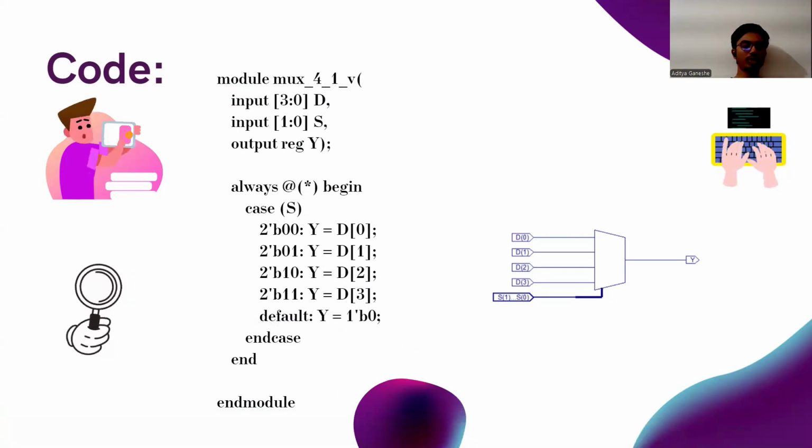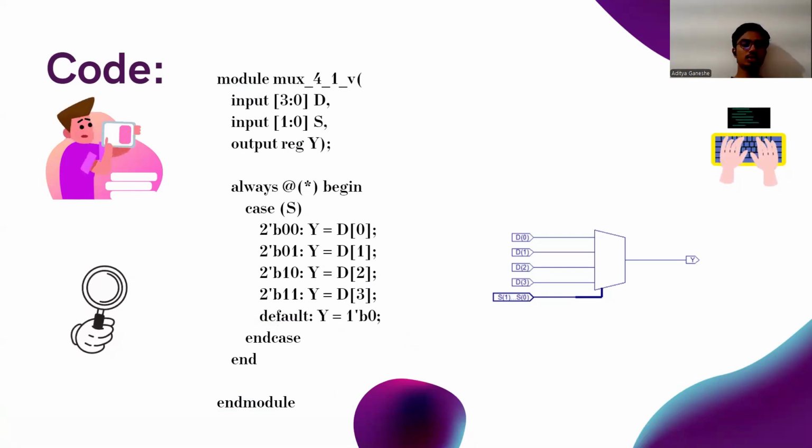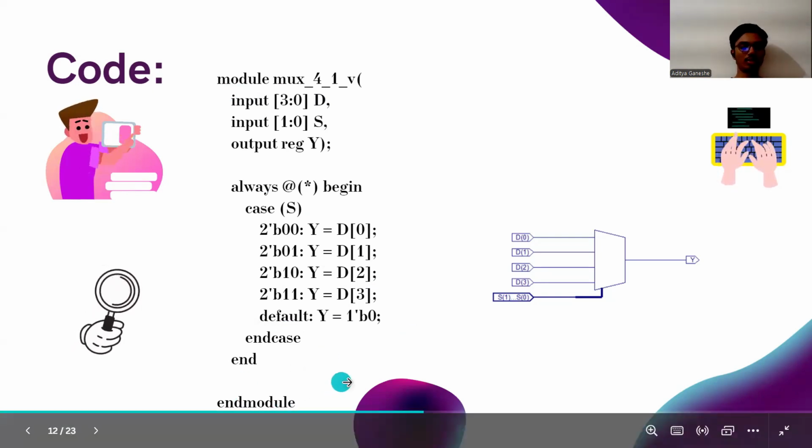So the code defines a 4 is to 1 mux that selects one of the four input signals based on the select inputs. The output Y reflects the selected input from D based on the values of S, with the default value of 0 for invalid selection states.